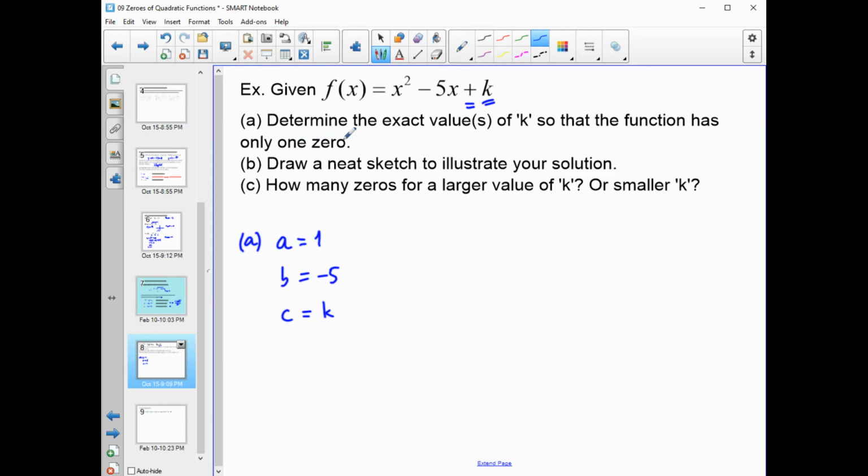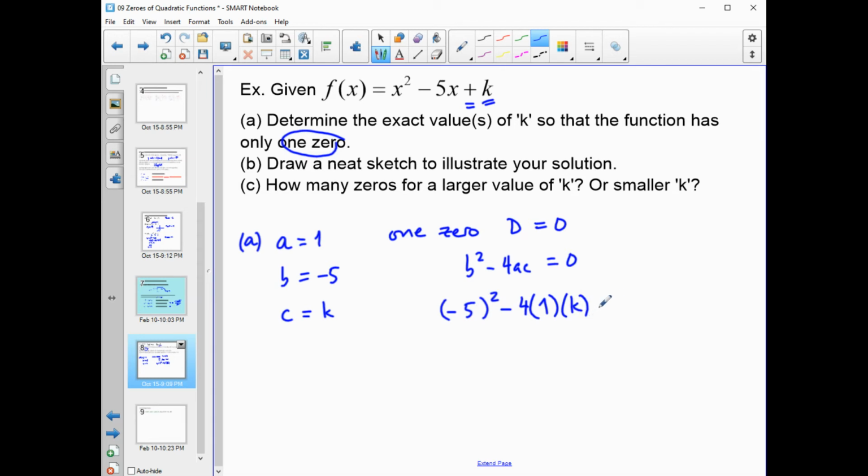Now, for 1, 0, okay, so if we want to have 1, 0, that means the discriminant is equal to 0. But the discriminant is b squared minus 4ac, and so we want that to be equal to 0. b is negative 5, and then we're going to square that whole thing. The negative is inside the bracket here. Minus 4 times a, which is 1, times c, which we've replaced with the variable k.